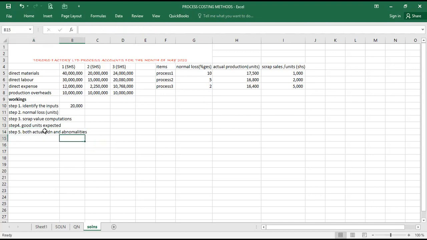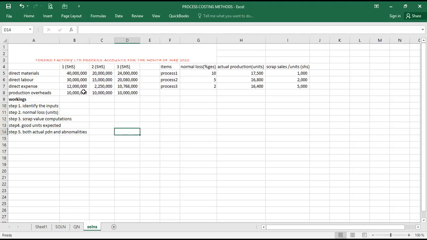How do we get these ones? We deduct what we were expected to produce from the actual. Let me adjust this a bit and put everything here. Those are the steps we follow.